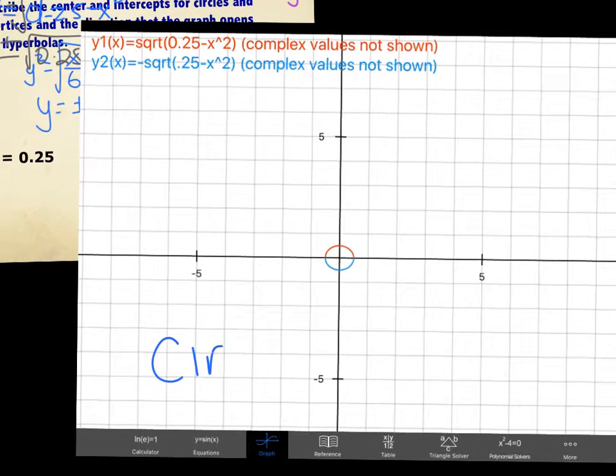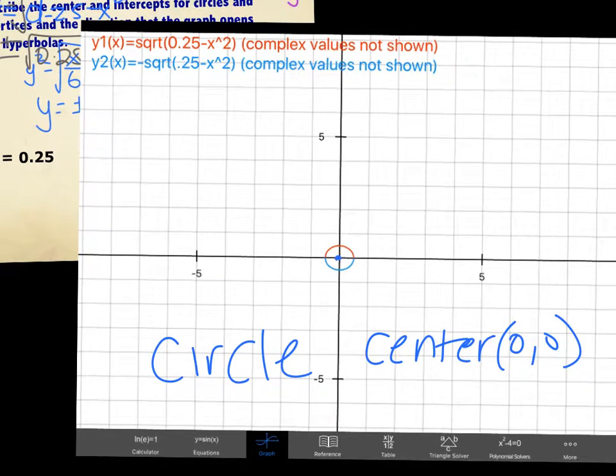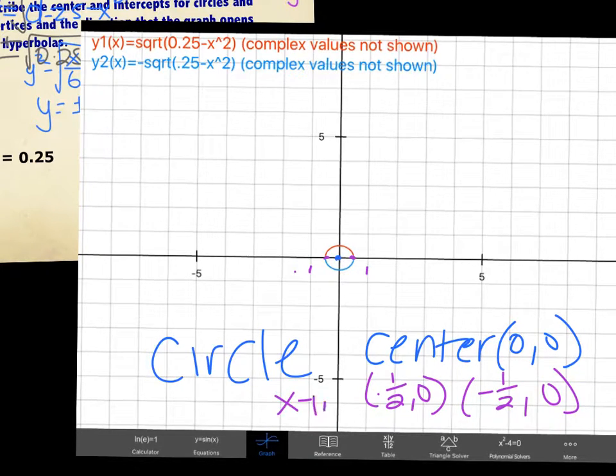Okay, this is a circle. The center is here, which is at 0, 0. And this looks like, if this is negative 1 and this is positive 1, that might be a little bit less than a half. We can approximate it at about a half. So it would be 1/2, 0, and negative 1/2, 0 for the x-intercepts.